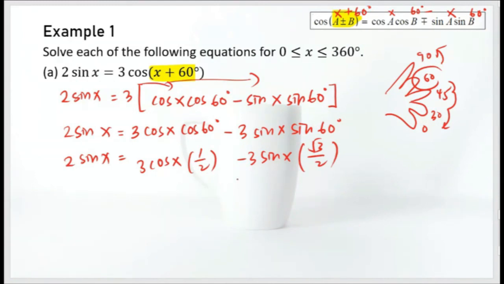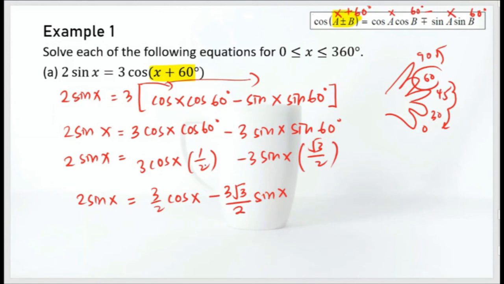Okay, then we move it up. 2 sine x equal to 3 over 2 cos x minus 3 multiplied with square root 3 over 2 sine x.